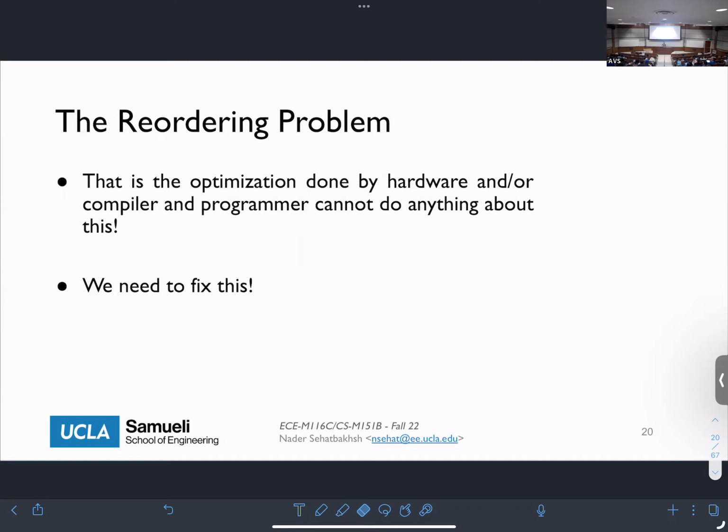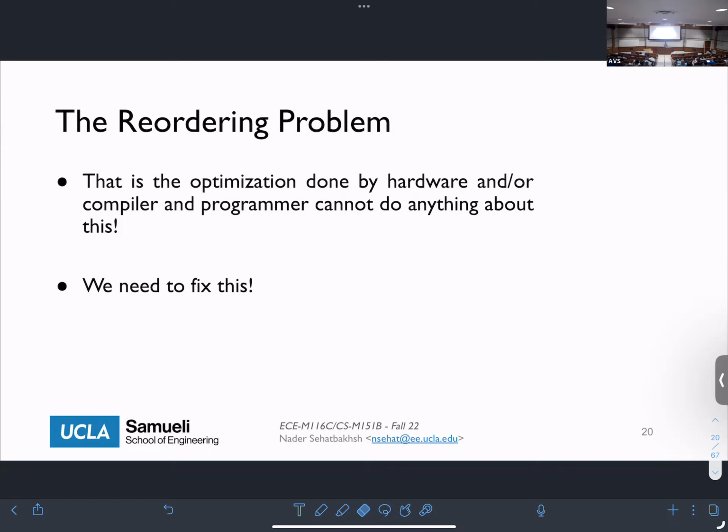So you write your program thinking that things happen in order, but in reality, things might get reordered. This is very similar to what we did for RAW data hazards and for out of order execution. Again, there we said that as programmers we assume things happen in order, but hardware does things differently, and that's why we get this sort of problem.